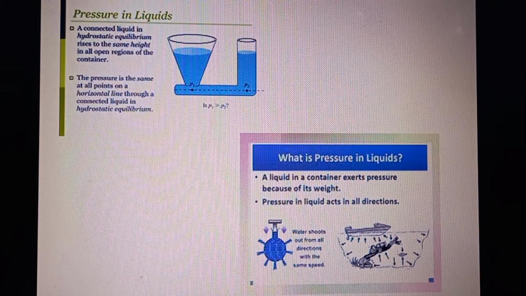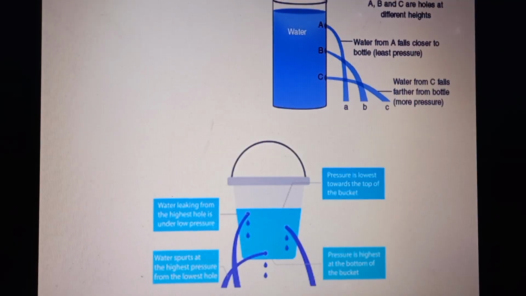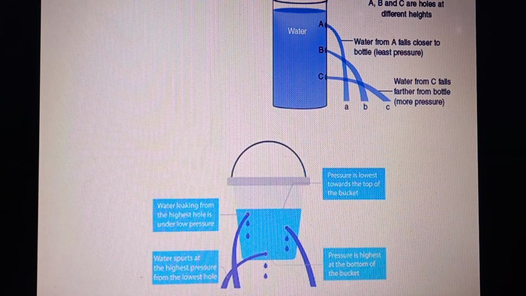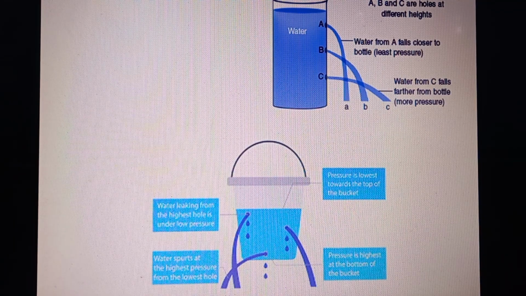So what is pressure in liquid? A liquid in a container exerts pressure because of its weight. Pressure in liquid acts in all directions, as you can see. So let's go forward with this one. Let's go back to our previous sample of a container.